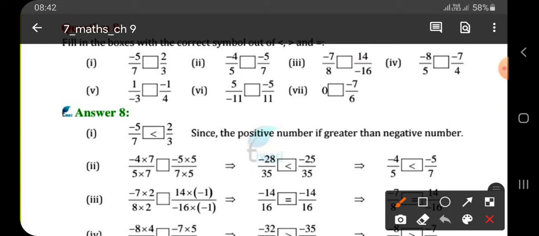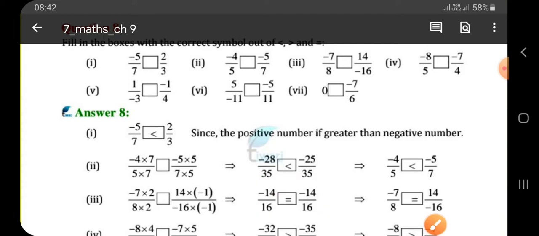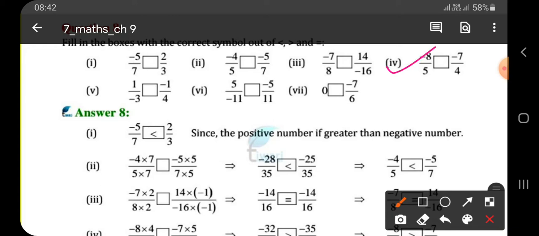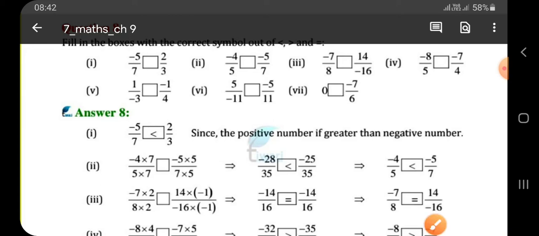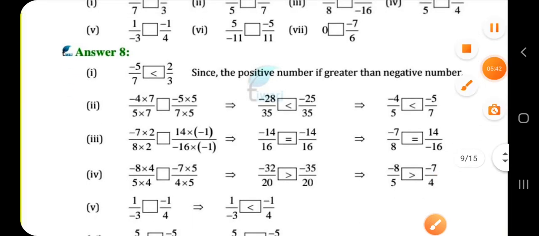So it's plus 16 now, and the LCM of 8 and 16 is 16. Here 16 is already given in the denominator. You want 16 in the denominator here, so you have to multiply by 2. So it's minus 14 upon 16 and here minus 14 upon 16. Both are equal. Then follow the same thing for the remaining examples. Those remaining examples are in the homework.